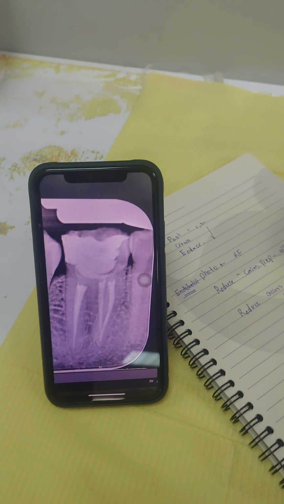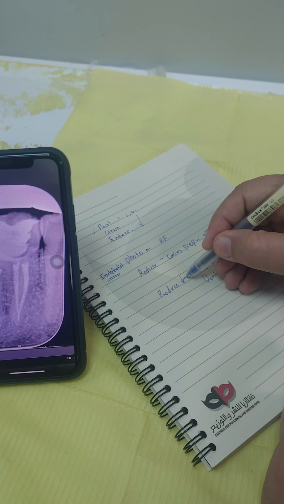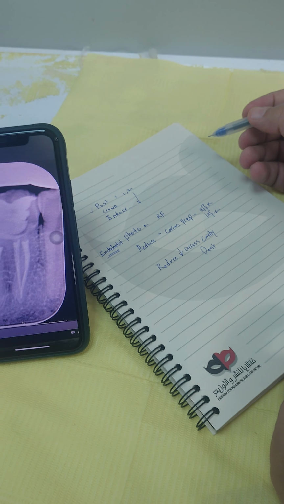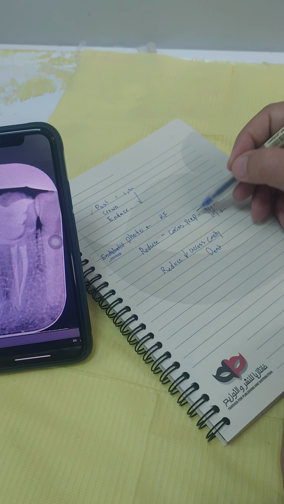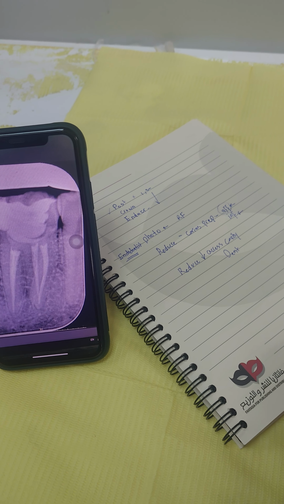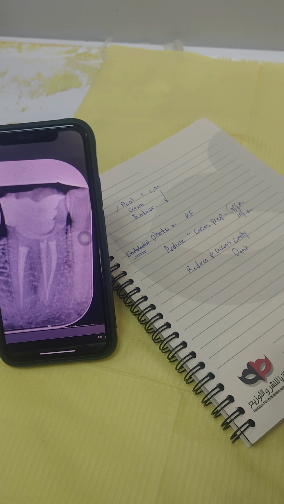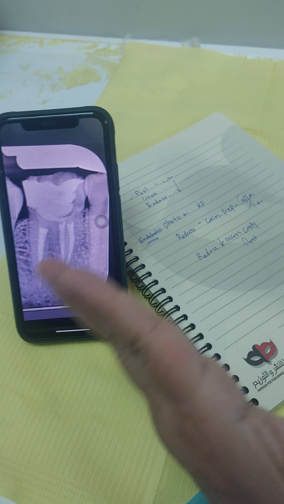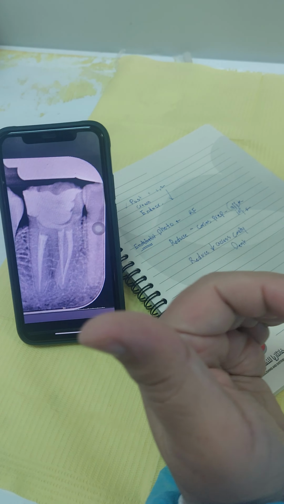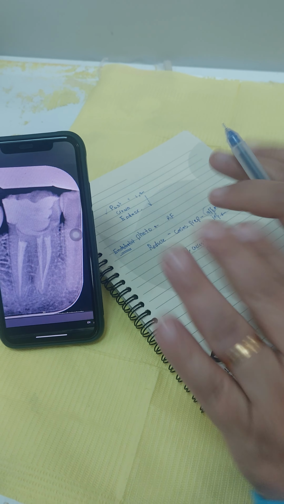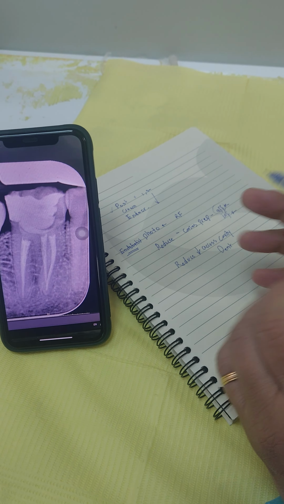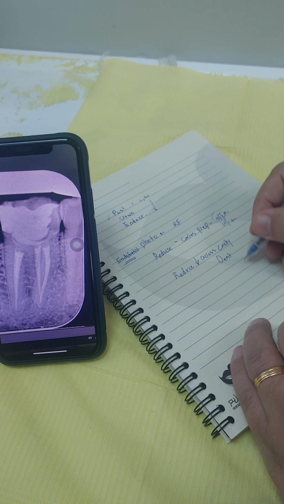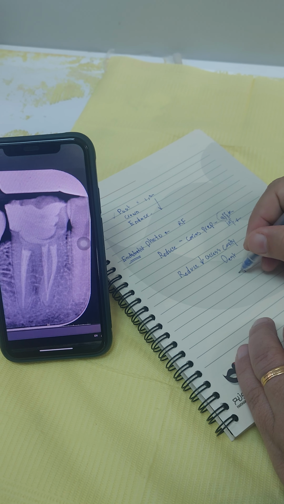So please reduce your access cavity as much as possible. And if there is affected dentine, leave that for me to decide if I'm going to remove it or not. Endodontists, please don't make a very open access cavity at the expense of the dentine covering the enamel, because we know that dentine we should have at least 2 millimeters height.